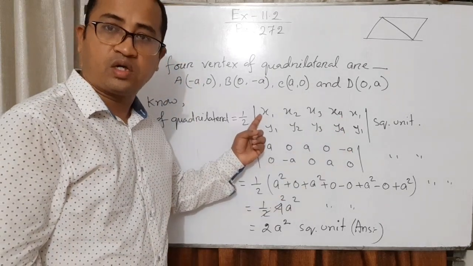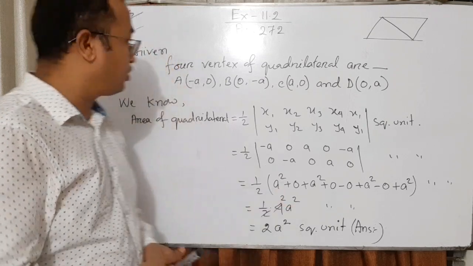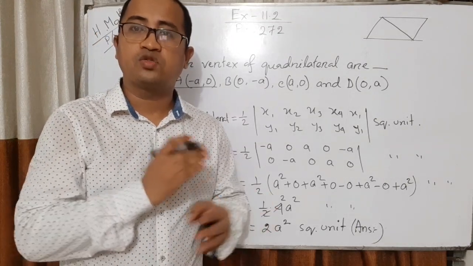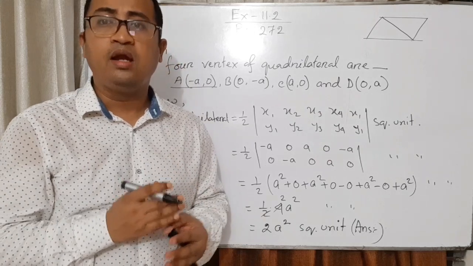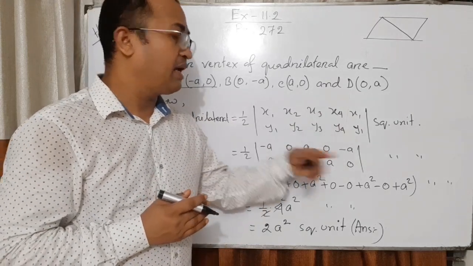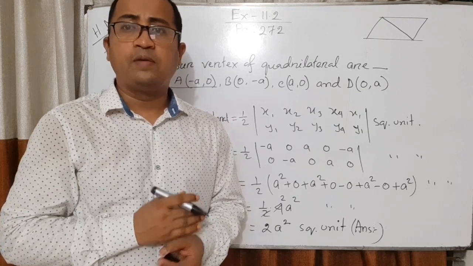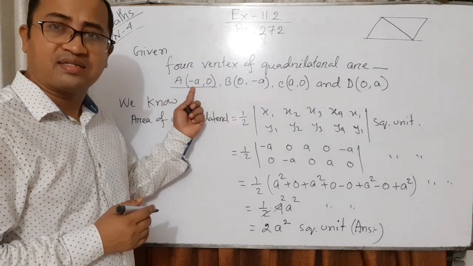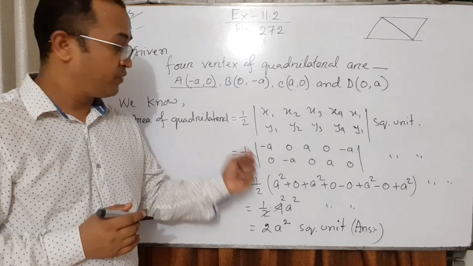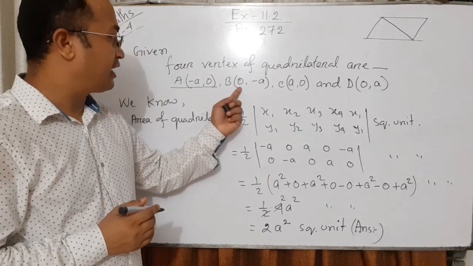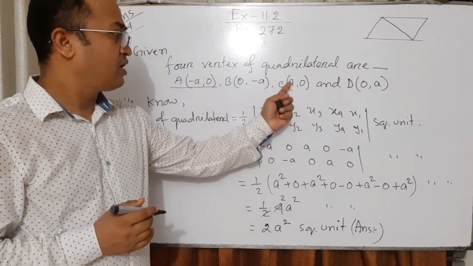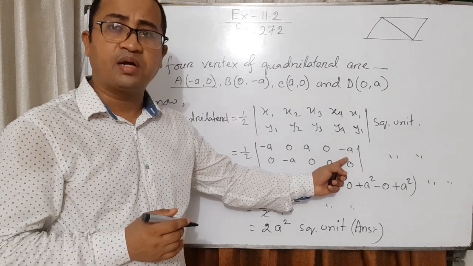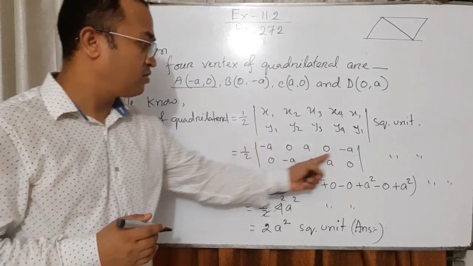Always we consider A as x1 y1, B as x2 y2, similarly C as x3 y3, D as x4 y4, and again A as x1 y1. Taking the values from here, I get x1 equal to minus a and y1 equal to 0. So minus a 0, then 0 minus a, a 0, 0 a, and again the vertex A, minus a 0.